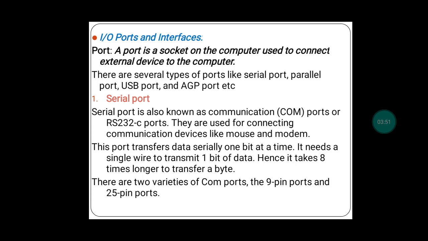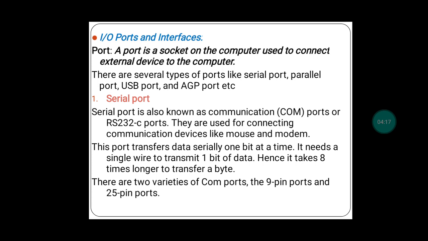And there are 2 varieties of COM ports, 2 varieties of serial ports. Those are 9-pin ports and 25-pin ports. So this can be asked in the examination. So many times it has been asked, what is a port? Explain the serial port. So you need to remember here, port is a socket on a computer which is used to connect external devices to the computer.